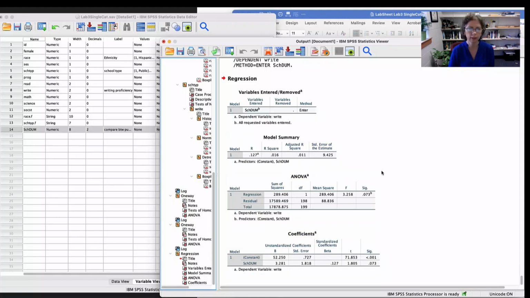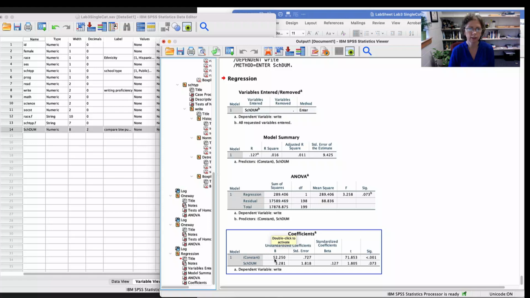We have the overall model. There's our F-stat. Here's our degrees of freedom. Here's our significance level. We have our R squared effect size. And we have the coefficients.